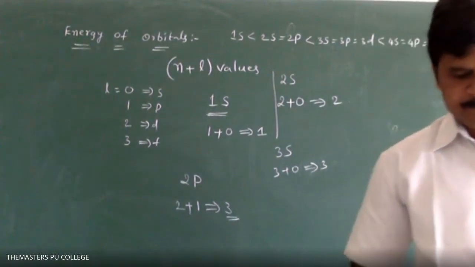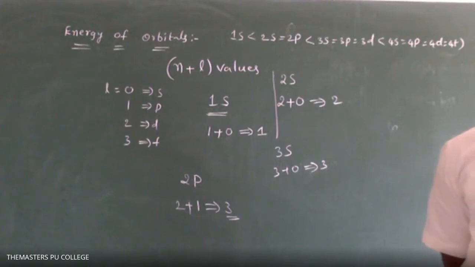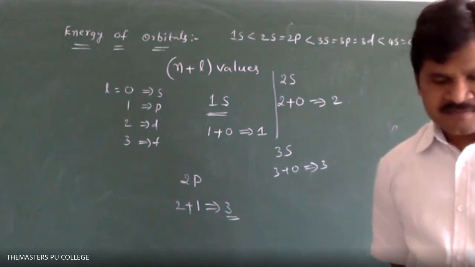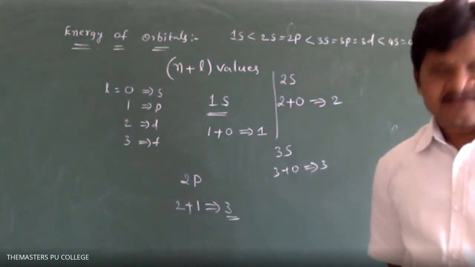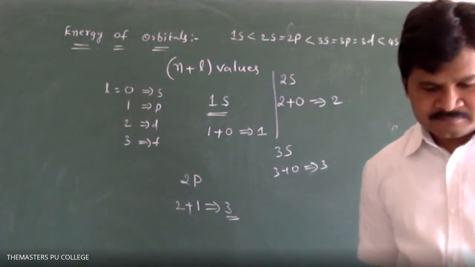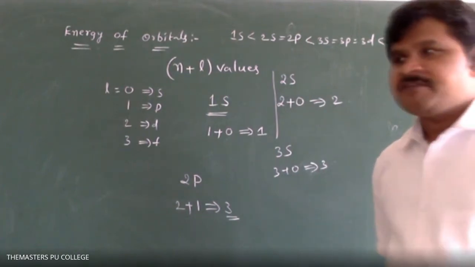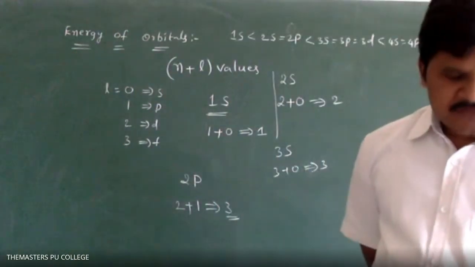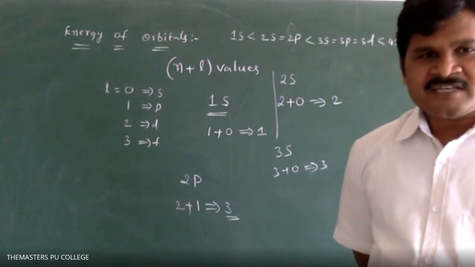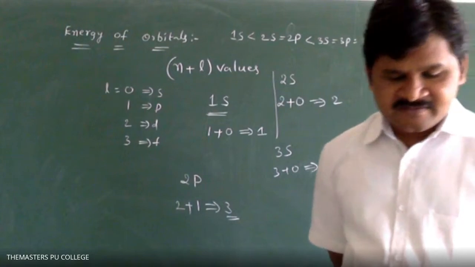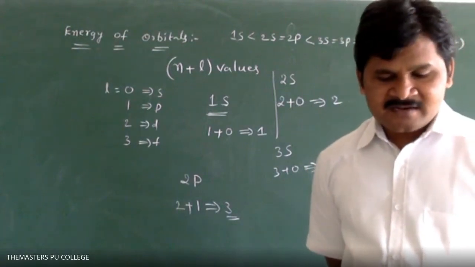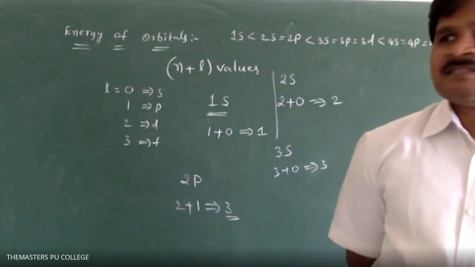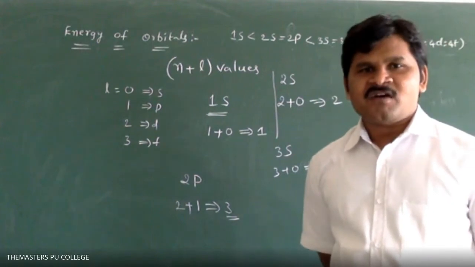Using SPDF notations, S, P, D, F, describe the orbital with the following quantum numbers. I repeat, using SPDF notations, describe the orbital with the following quantum numbers.